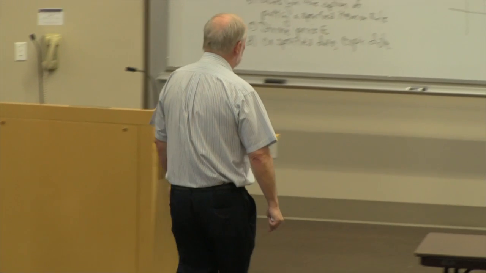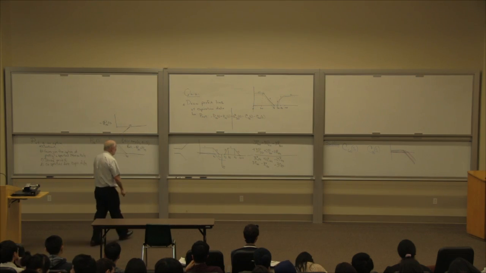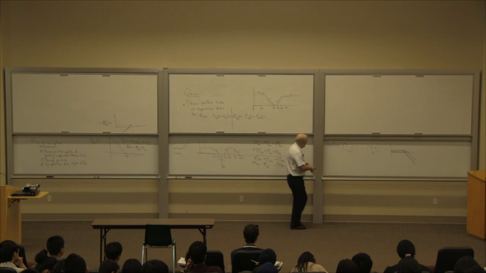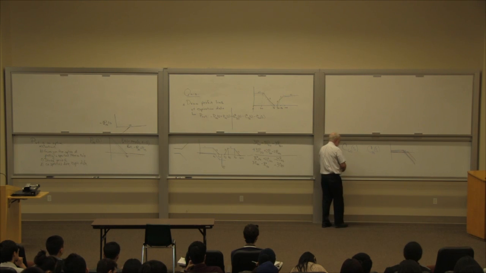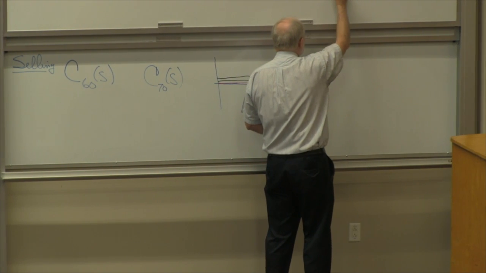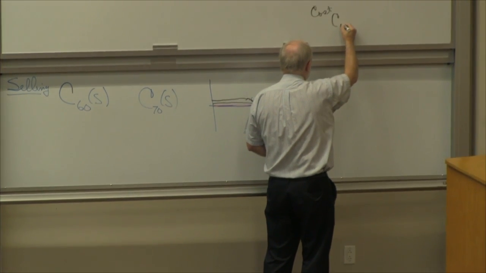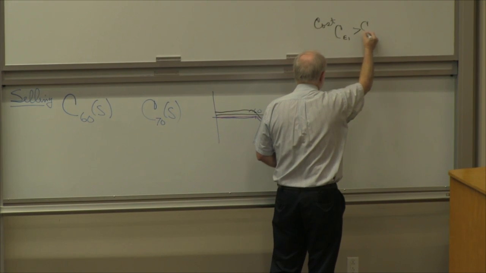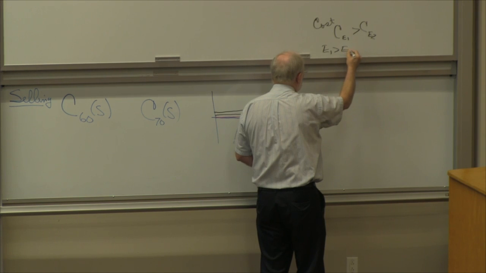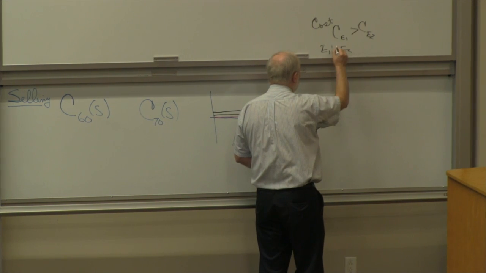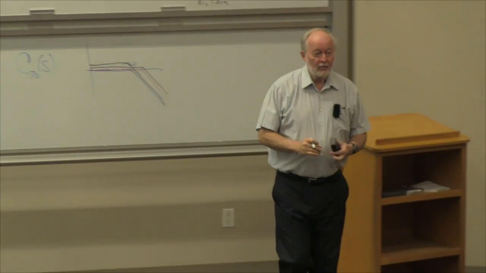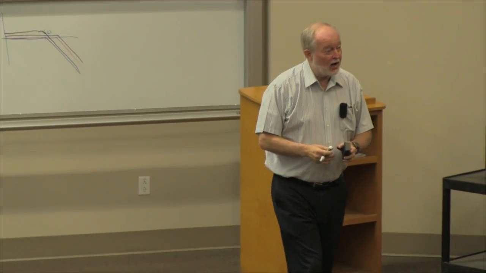So now we know the following: the cost of C(E1) is greater than C(E2) if E1 is smaller than E2, because you're starting to incur cost earlier.